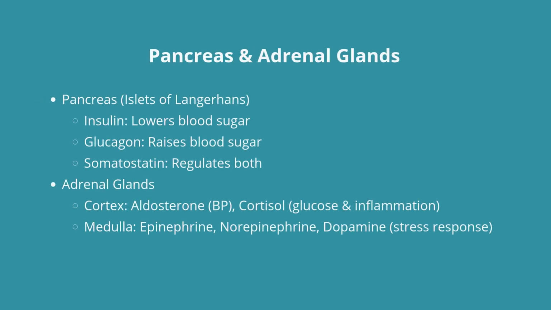The pancreas has both digestive and endocrine roles. Its islet cells release insulin, glucagon, and somatostatin, all of which help manage blood sugar. Above the kidneys are the adrenal glands, which have two parts: the cortex, producing hormones like aldosterone and cortisol, and the medulla, releasing epinephrine, norepinephrine, and dopamine in response to stress.